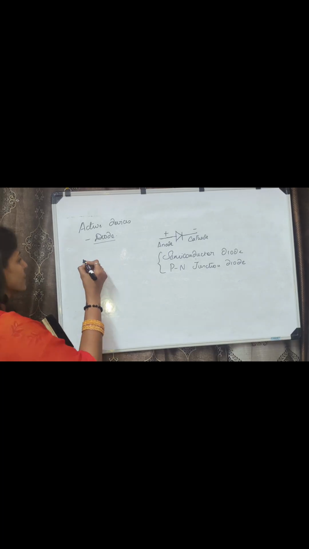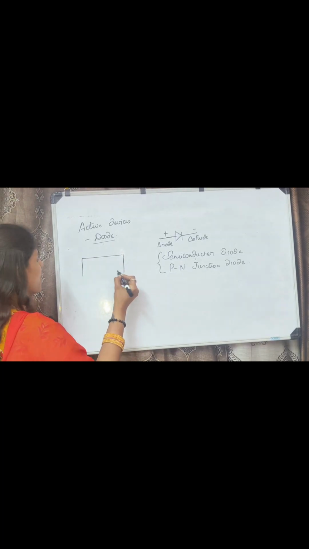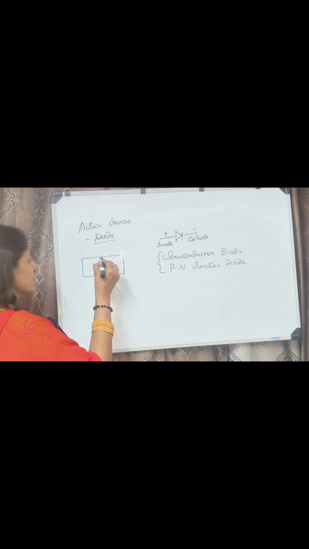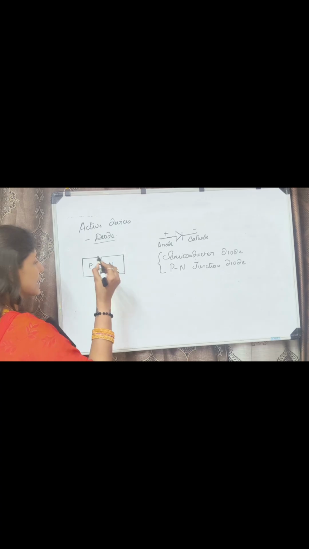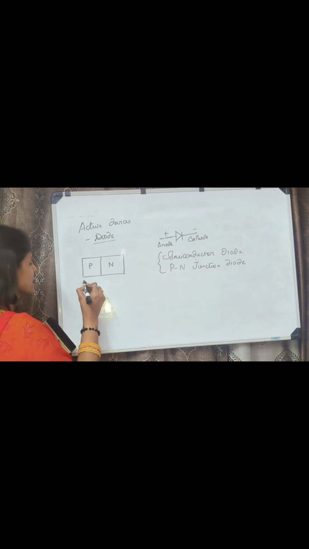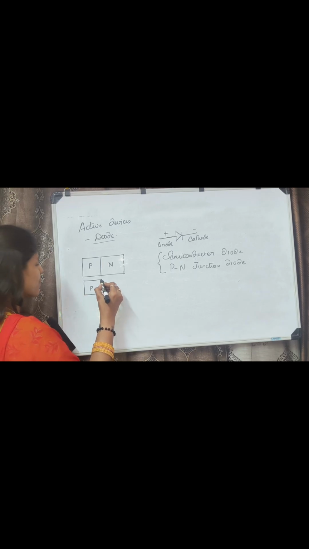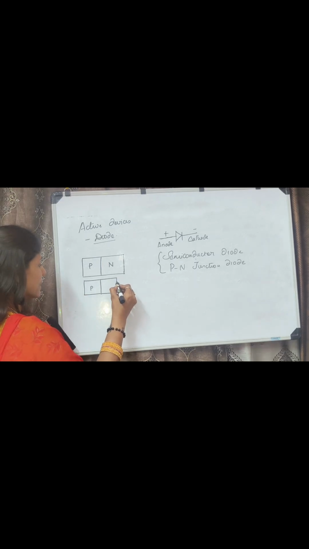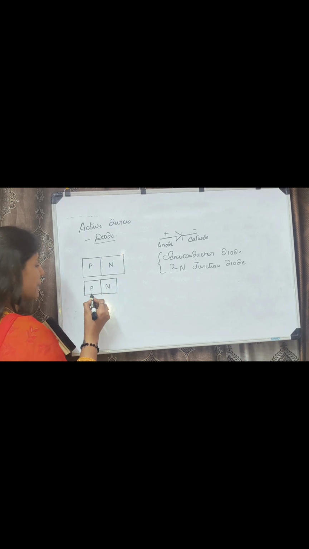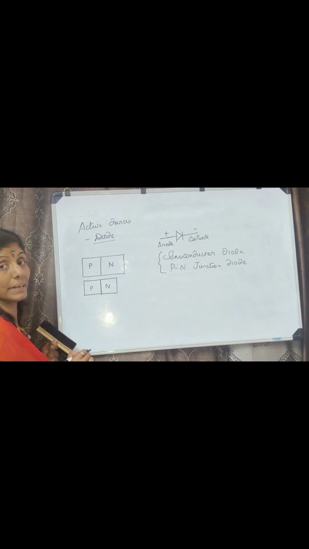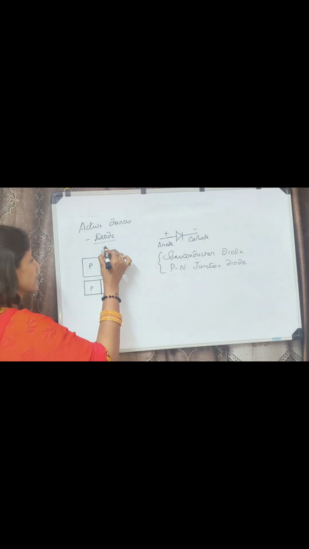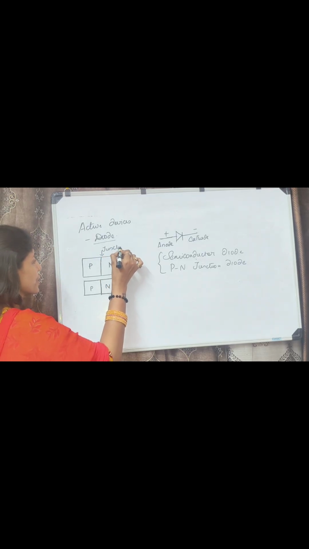See here, this is a block diagram of a semiconductor diode. This is a p-type semiconductor and this is an n-type semiconductor. This is one material, p-type, and this is one more material, n-type. The p-type material meets the n-type material, and this place is termed a junction.